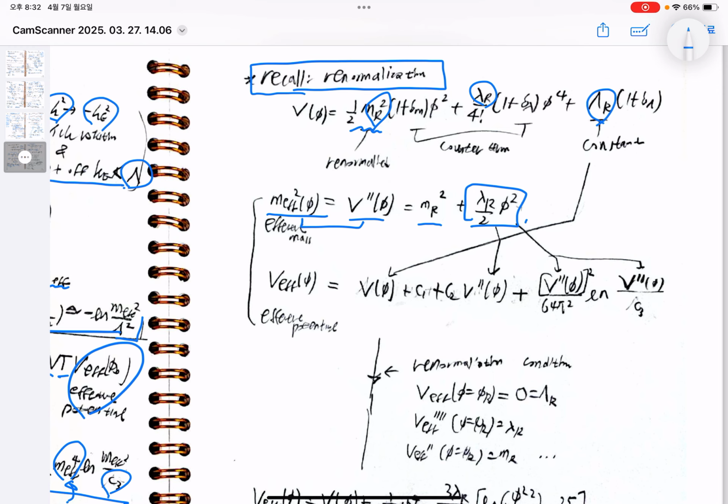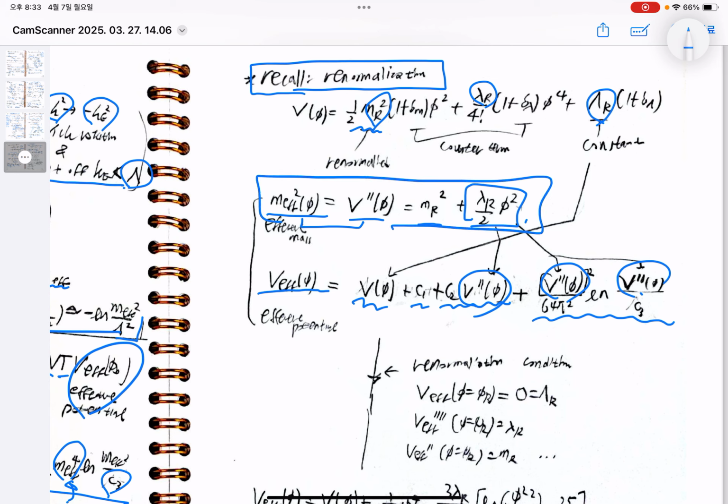Then we can define the effective potential, first of all, with the tree-level term, C1, C2 times the effective mass squared, and the logarithm term, and then we insert V'' as the effective mass. So we will insert such a term now.